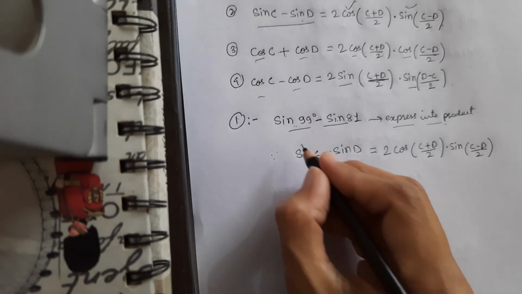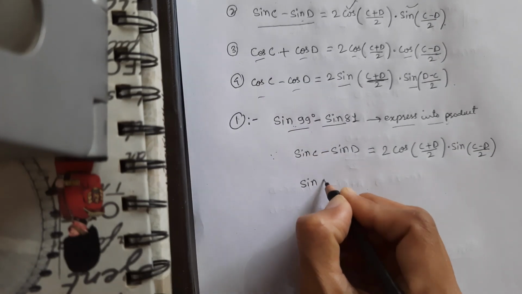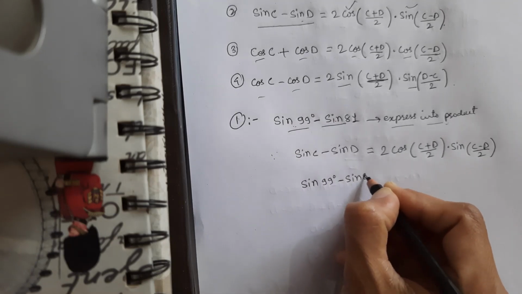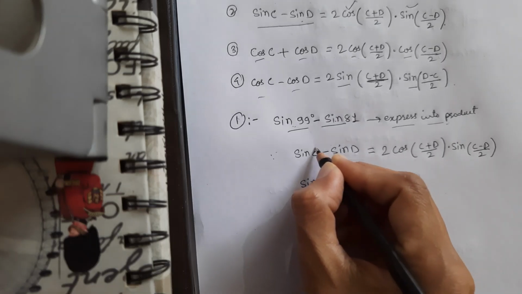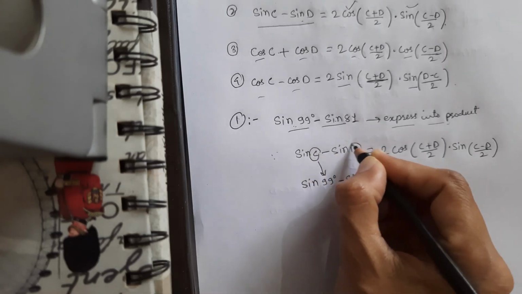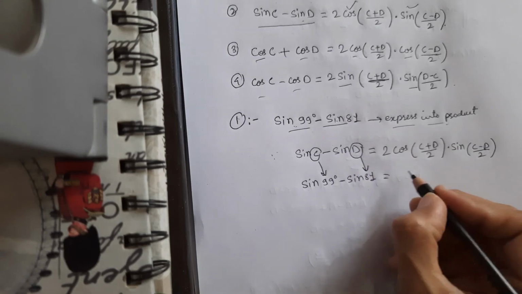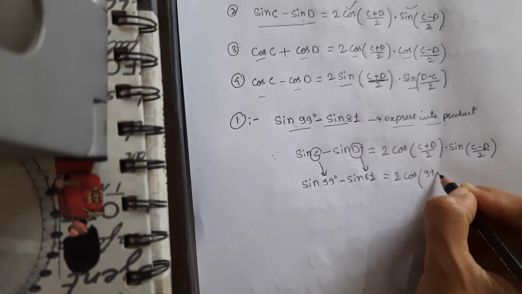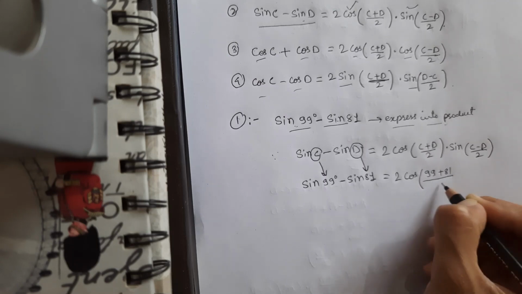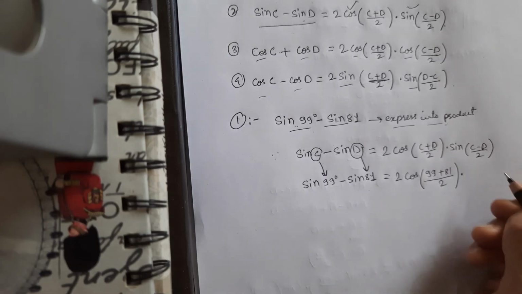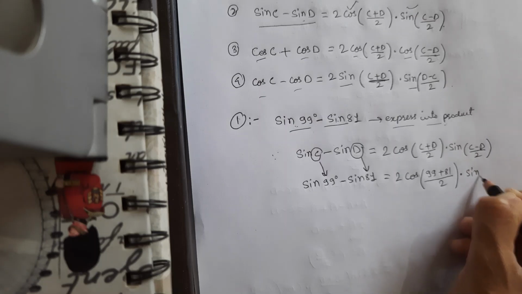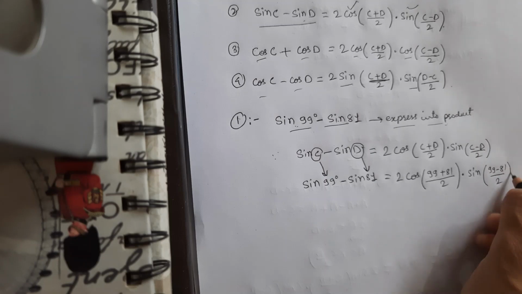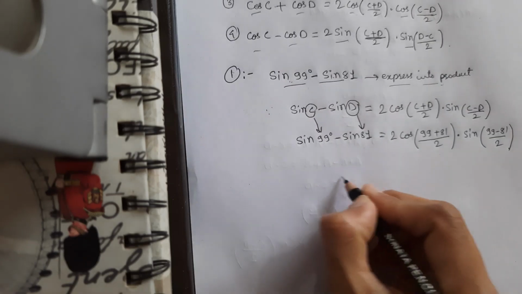Now if I substitute this, sin 99 degree minus sin 81, just replace C with 99 and D with 81. What will I get? 2 cos (99 plus 81) upon 2 into sin (99 minus 81) upon 2. So just add these things.